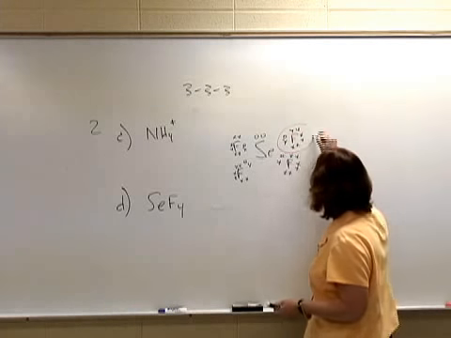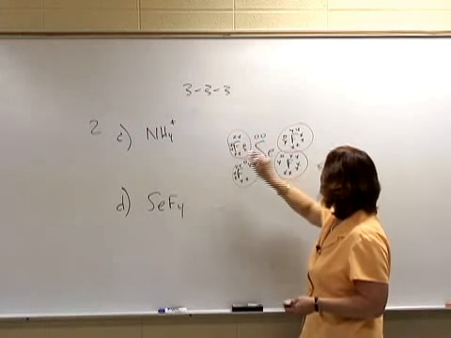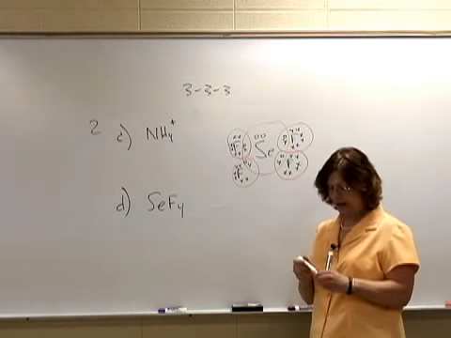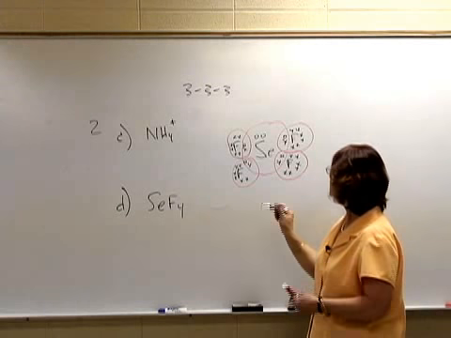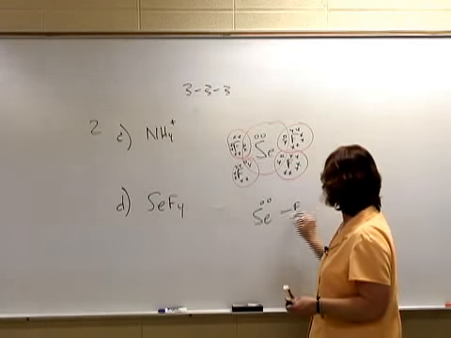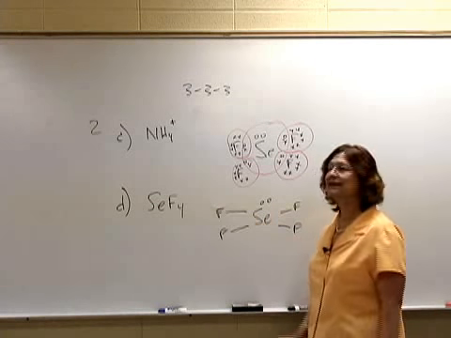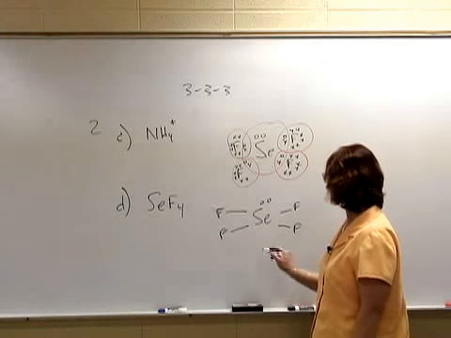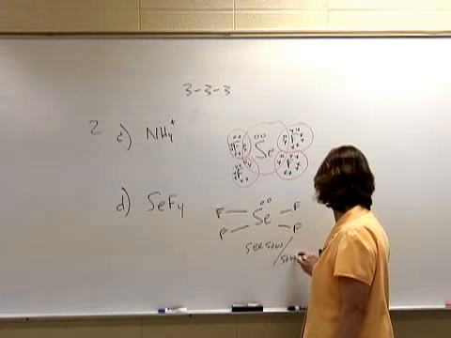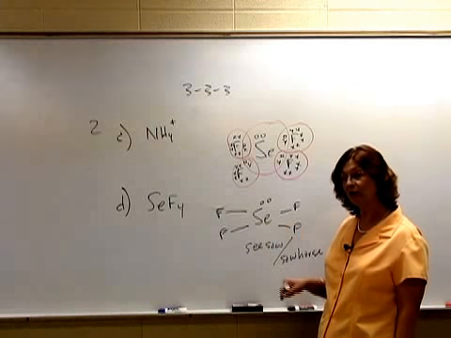However, my fluorines are going to have an octet. And the selenium actually gets 10. And when I draw the line structure, I see selenium and 4 fluorines. And this is a seesaw or sawhorse. And because of this lone pair, it will be polar.